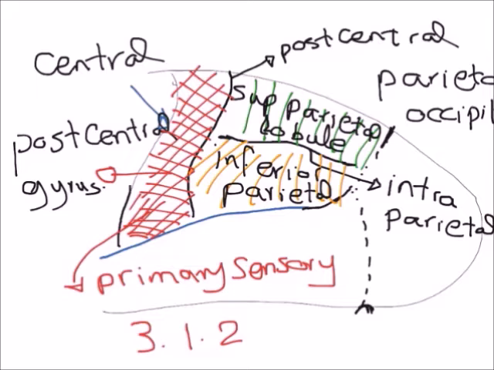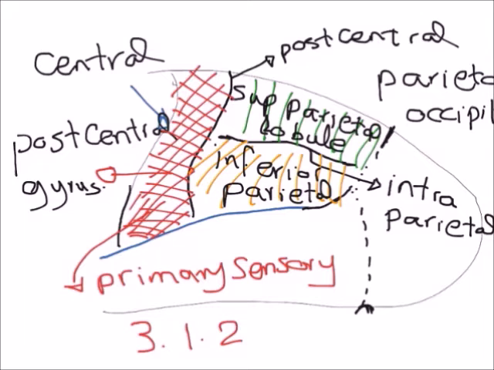It's extending in the post-central gyrus and also extending on the medial surface of the brain on an area called the paracentral lobule, which we will see on the medial side of the brain.